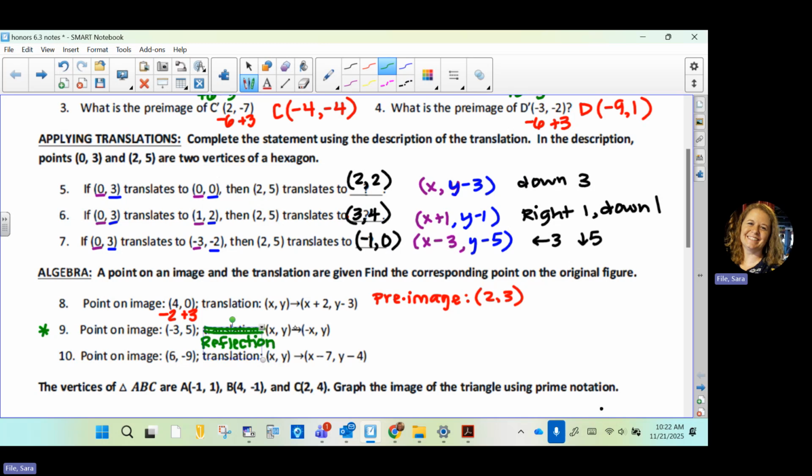Okay, so if x changes but y stays the same, that means this is reflected over the y. So if this was reflected over the y, I go back over the y, and the x sign would change back to positive 3. The y wouldn't change.